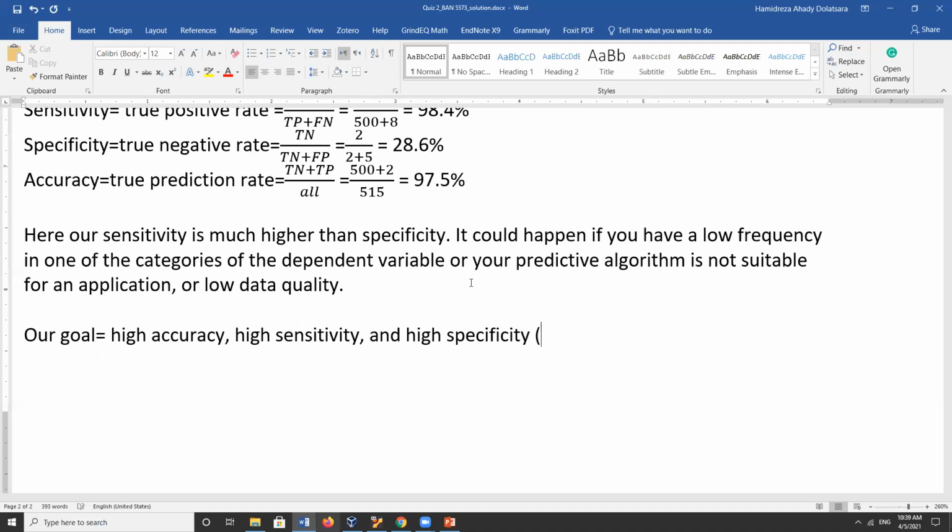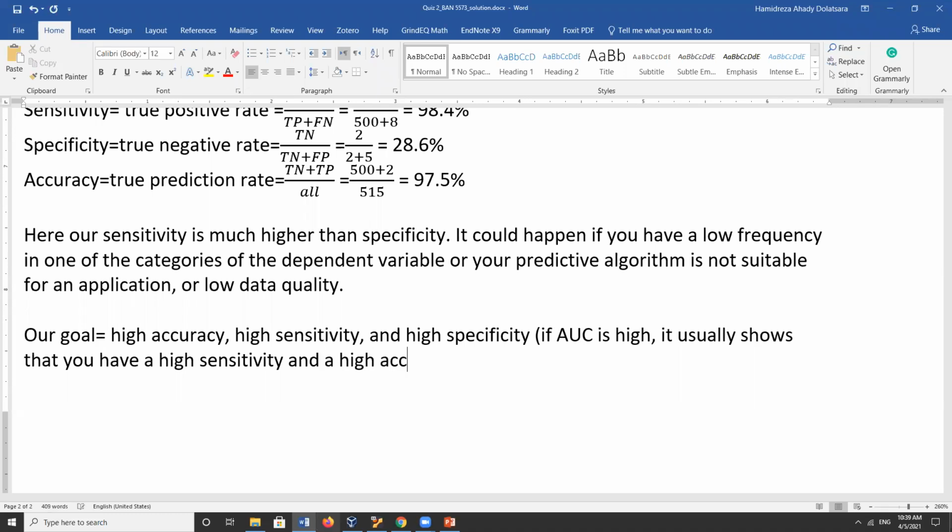AUC, or area under the curve, is another way. So usually if you have a high AUC, it shows that you have a high sensitivity and a high accuracy.